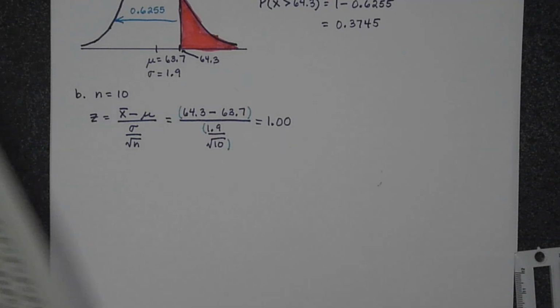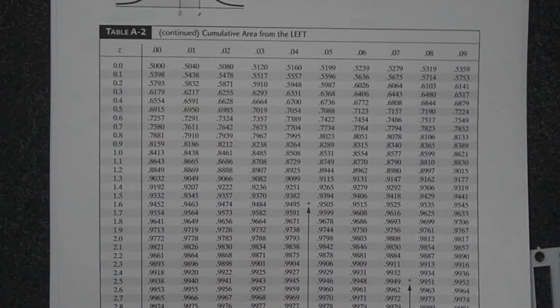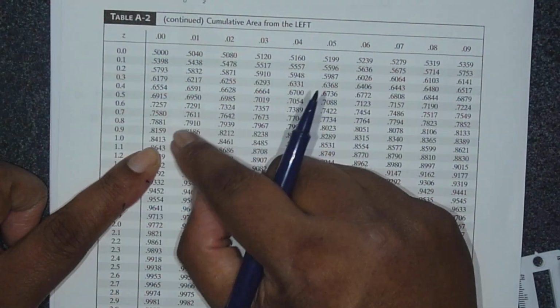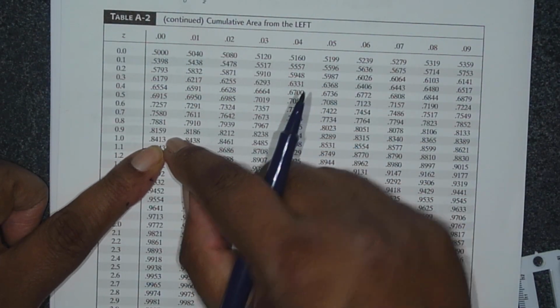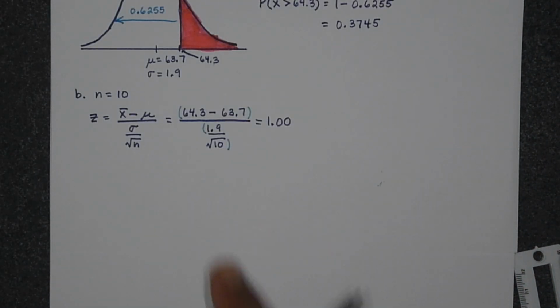Okay. Now, positive z-scores, 1.0 and 00 gives us 0.8413. But keep in mind, it's the area to the left. We're looking for the shaded area on the right, because it does say greater than.